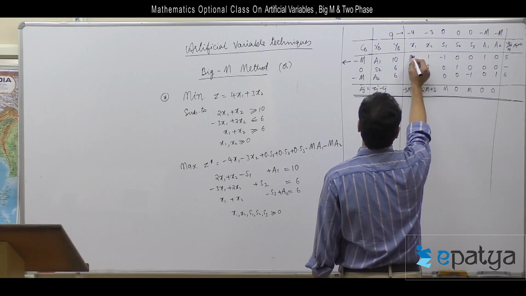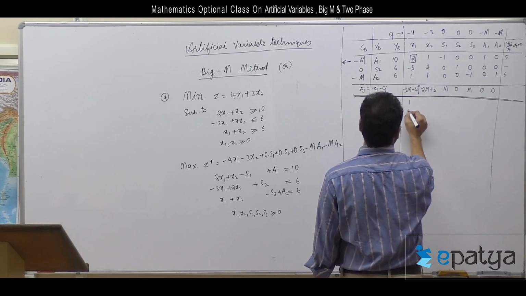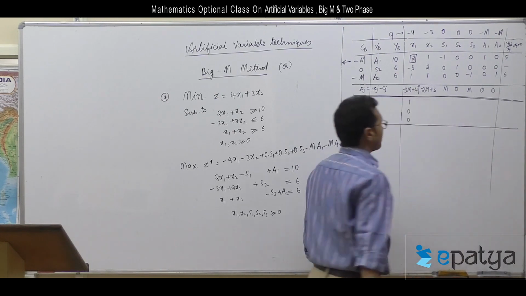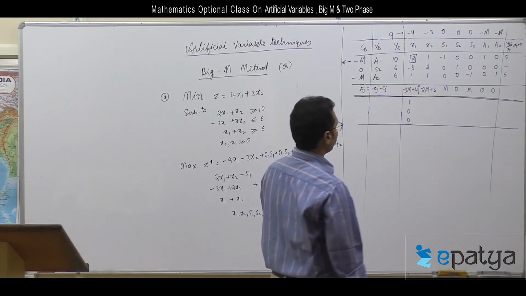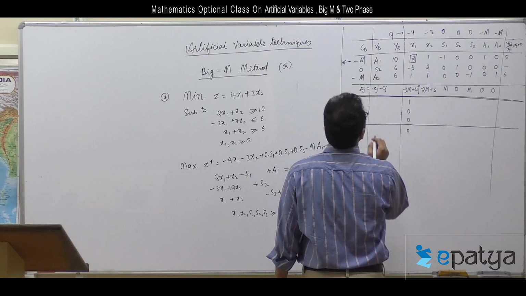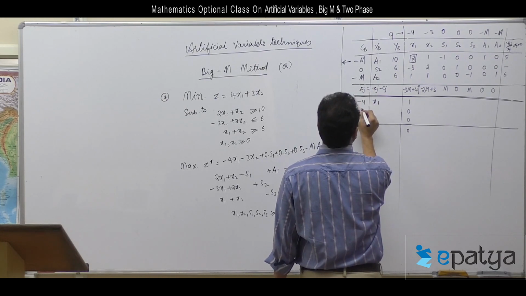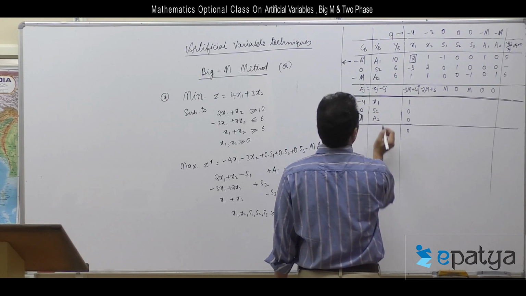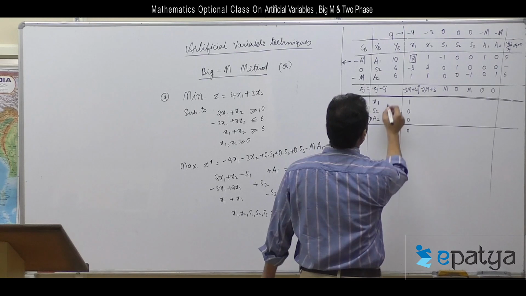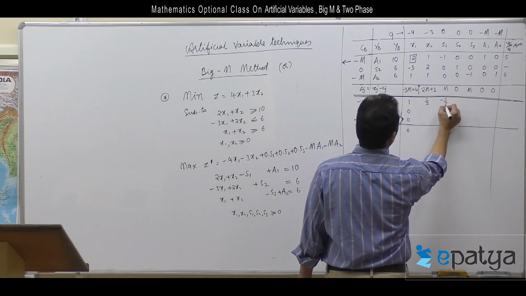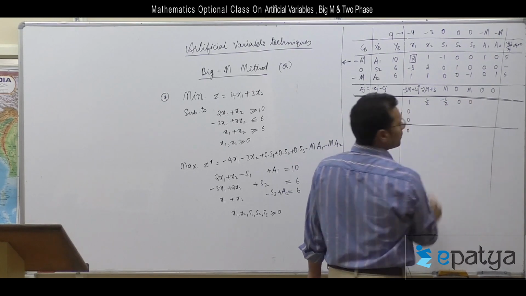Key element 2. Make that key element 1 and the rest of the elements in that column 0. A1 goes, x1 enters, minus 4, 0, S2, minus M, A2. 10 by 2 is 5, 1 by 2, minus 1 by 2, 0, 0.